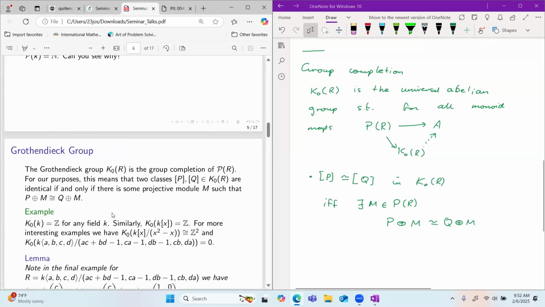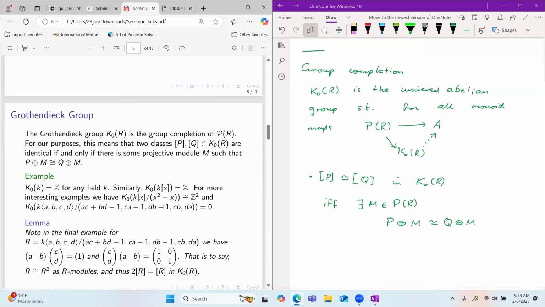A bit more of an interesting example: if we have the polynomial ring over K in one variable, then K0 of this ring is also Z. And it's for the same reason that all projective modules over K[x] are free. If we want a more interesting example, if we take K[x] and we mod out by the ideal x squared minus x, then K0 is now Z squared.